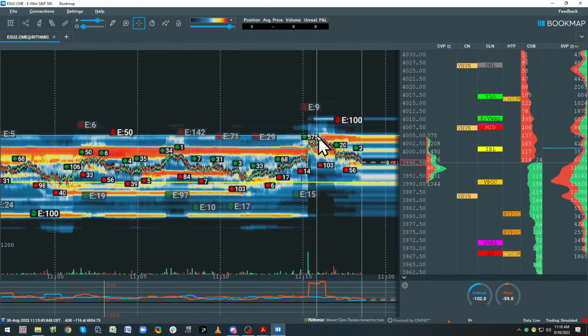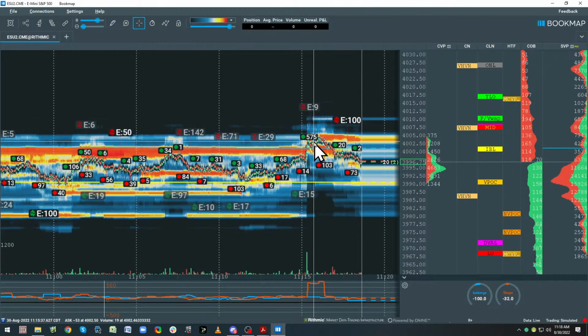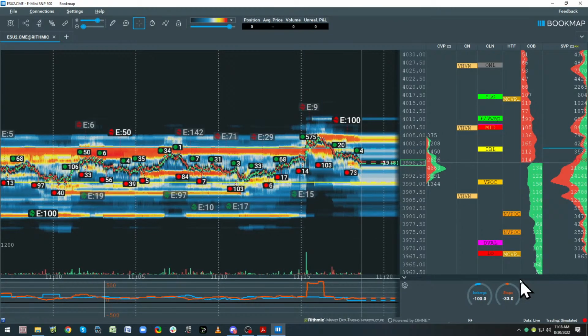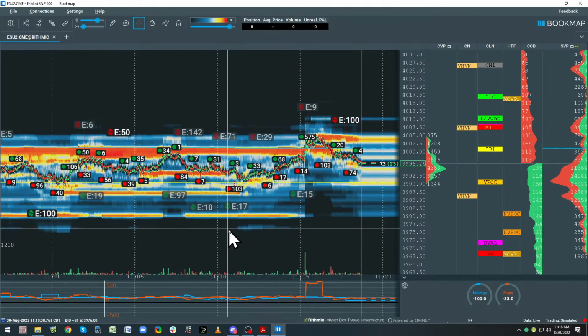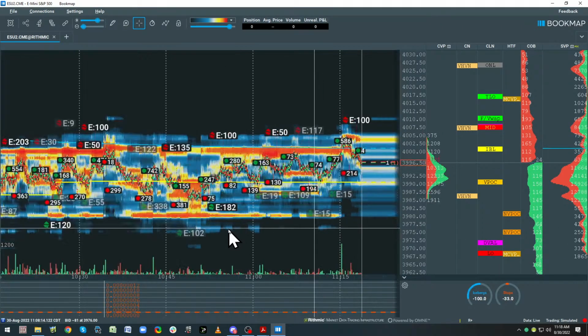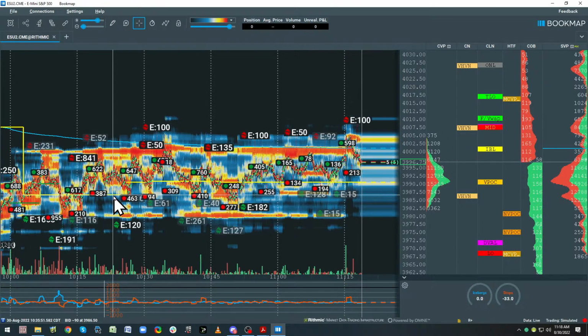Remember context, right? Can you guys see the difference in the behavior from what we had earlier and then after we hit this, how it changed, how the VPOC, and this is another hint, VPOC migration, you guys wrote it down, right? Did you notice when we tested back down, where did we go?